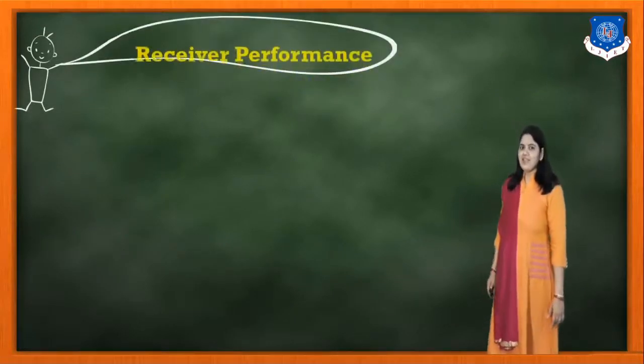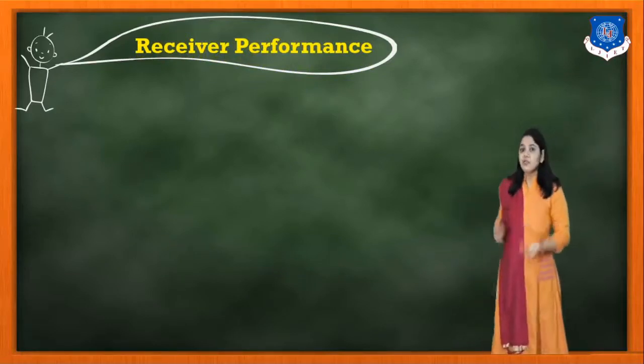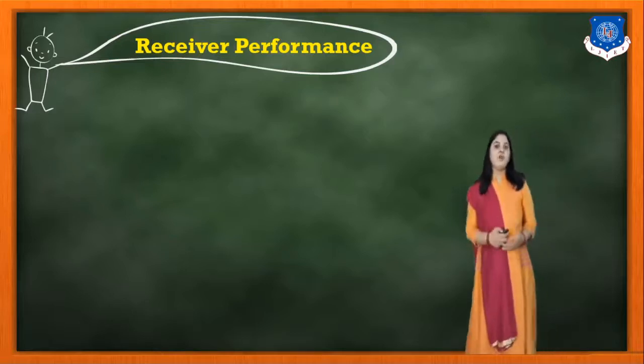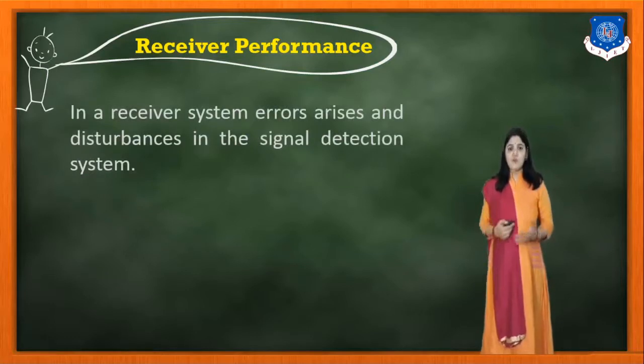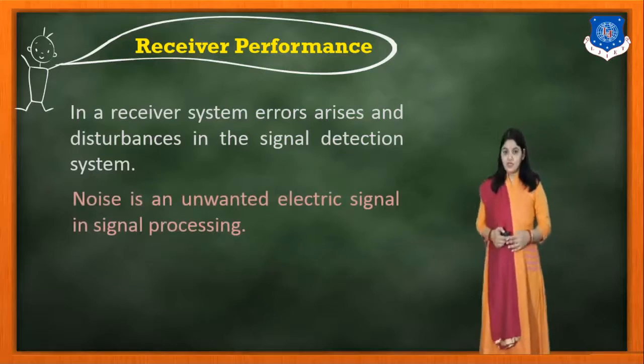Now, let us start with some important introductory things related to optical receiver performance. So what is the receiver performance? In a receiver system, error and disturbance arise in the signal detection system. What is noise?